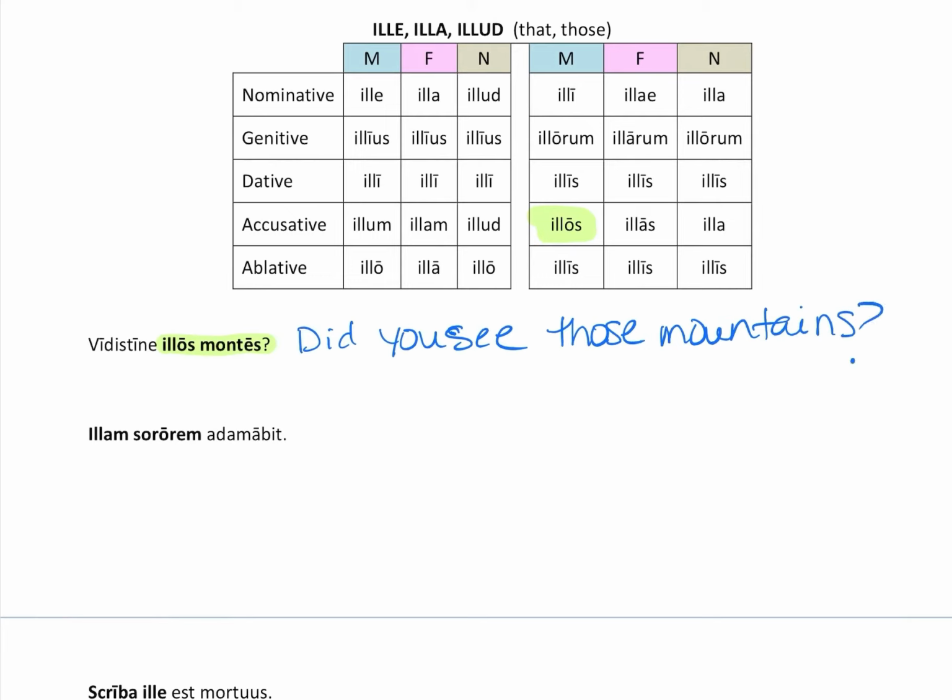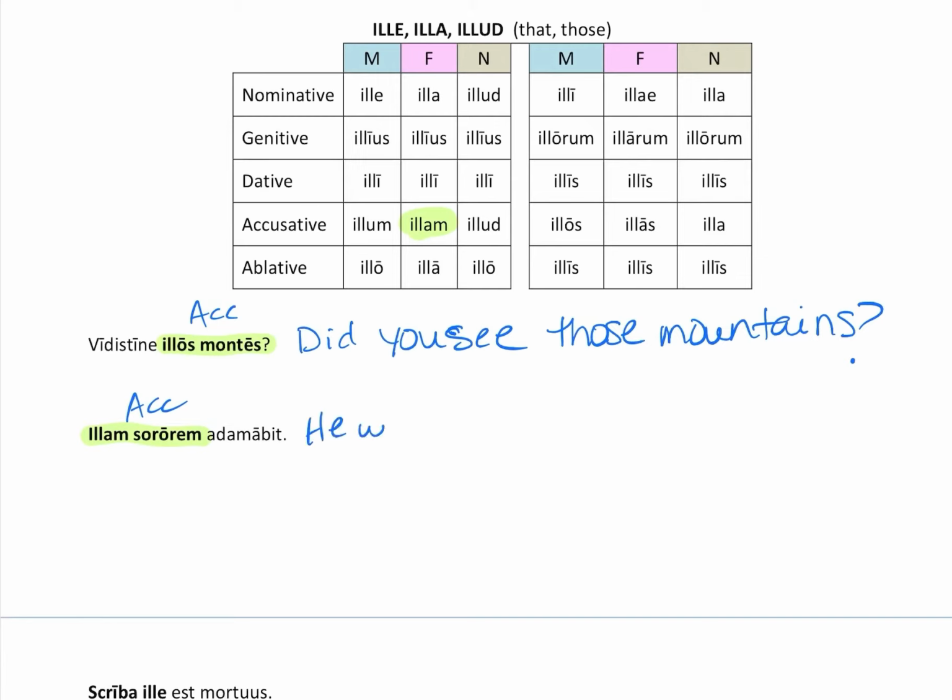Okay. Next one, illam sororem. And we see that illam, if you want to take a look, the one it can be is accusative up here. So we know that, and we know that sororem is in the accusative. They have to match. Remember, gender, case, and number. So, adamabit.